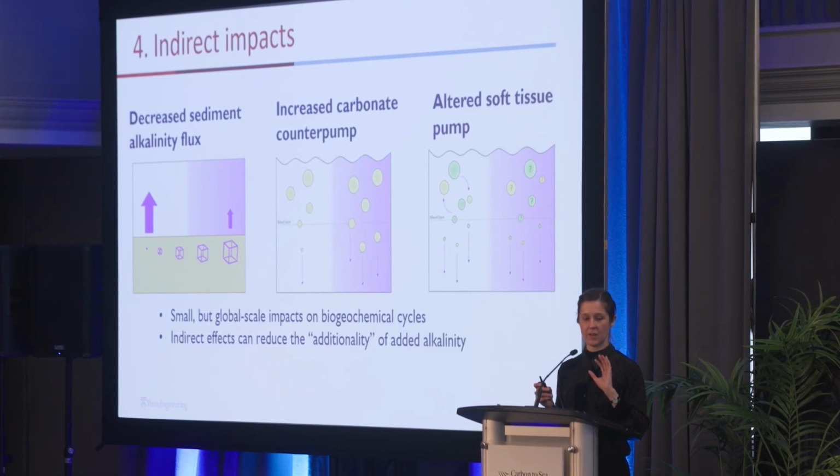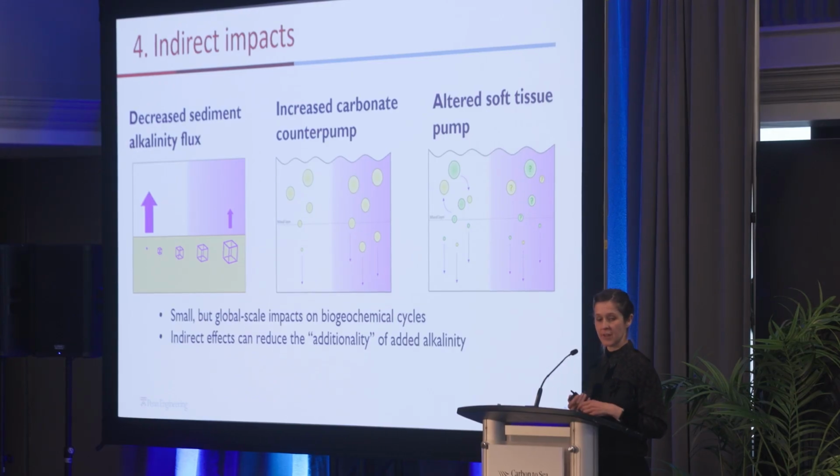If we add alkalinity to the water column, buffer the water column, those shells will dissolve less as they sink, effectively exporting more alkalinity to depth. So the net impact of the sediment consideration and the carbonate counterpump consideration is the same impact where we are removing a natural source of alkalinity from the water column, reducing the additionality of our intervention.